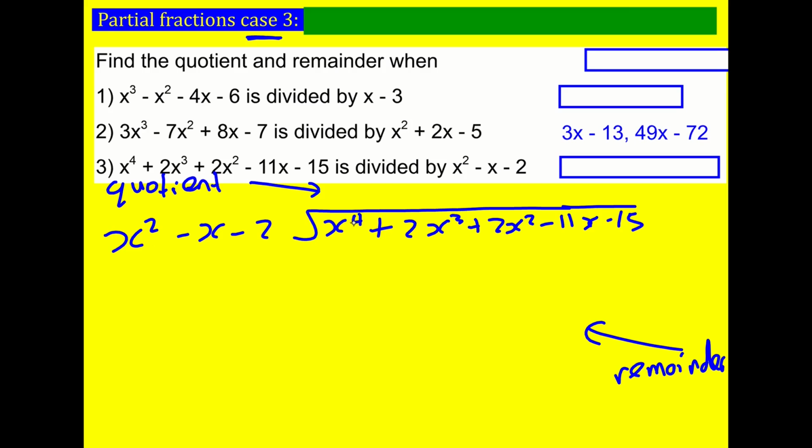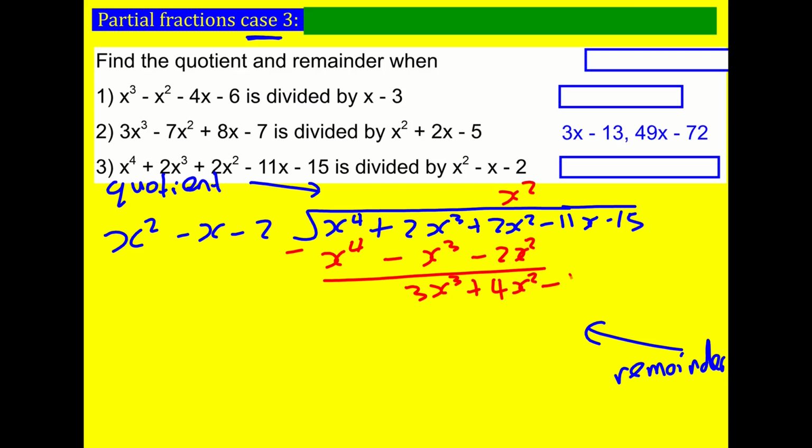Right, so x squared into x to the 4 goes x squared, multiplied back through: x to the 4 minus x cubed minus 2x squared. Subtract these, that's going to give me 3x cubed plus 4x squared. Bring the 11x down.